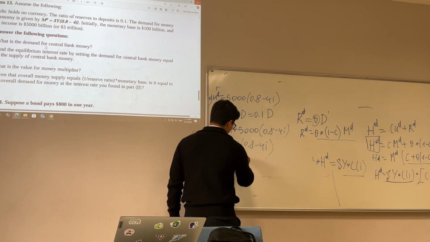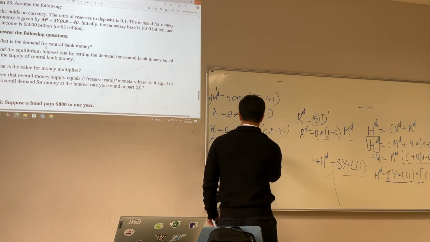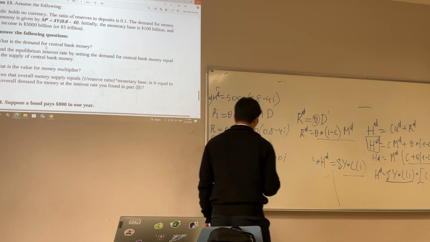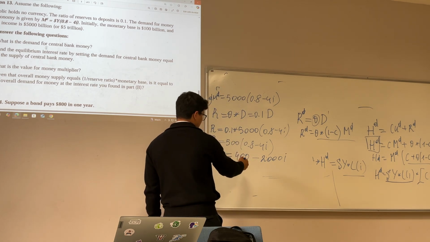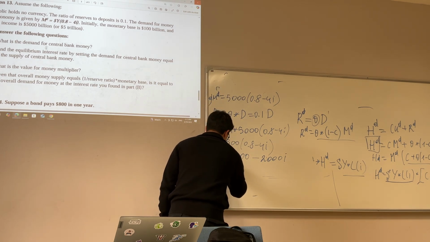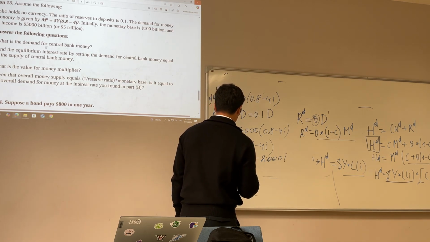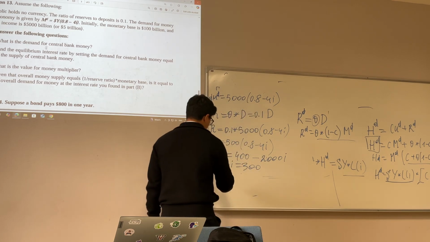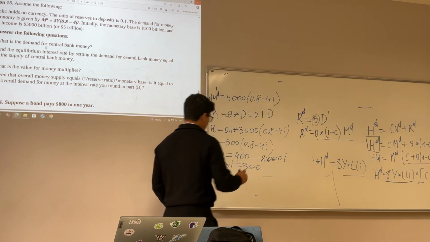If I multiply it like this, then I will have 2000i equal to 300. So i is equal to 0.15.